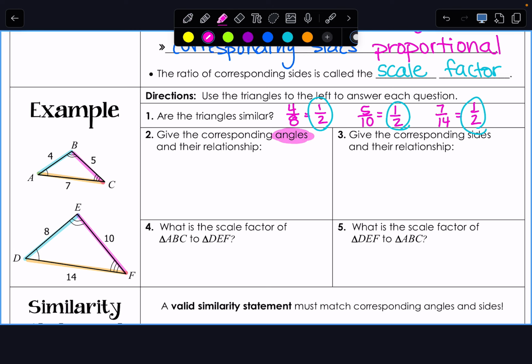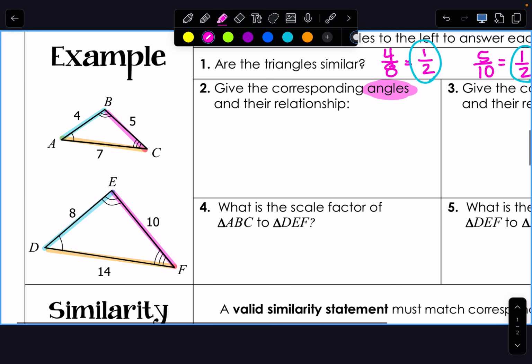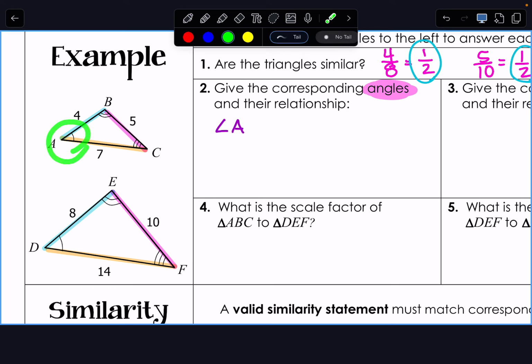We did this when we had congruent shapes, okay? Which angle is the same as angle A? Angle D. Here's angle A. It looks like angle D is the same. So I want you to write me that angle A is congruent to angle D.